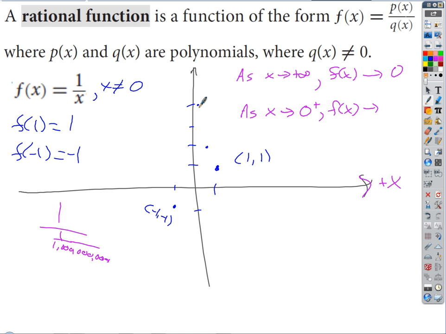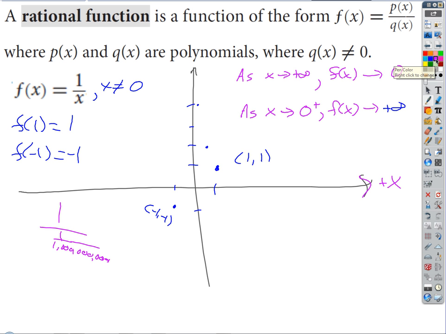When x is 1/10, I go up to 10. When x is 1 billionth, I go up to a billion. When x is 1 trillionth, I go up to a trillion. As x approaches 0 from the right side, very, very small positive numbers, what is f of x approaching? It's never going to get there, but what's it approaching? Infinity. Yeah, it's approaching positive infinity.